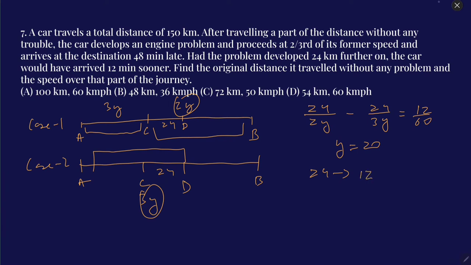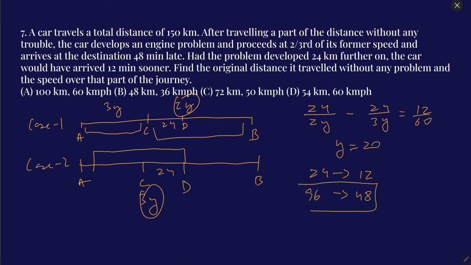It saves 12 minutes with its reduced speed. So for the 48 minutes for which the car got late, this would be 24 into 4, 96 kilometers.